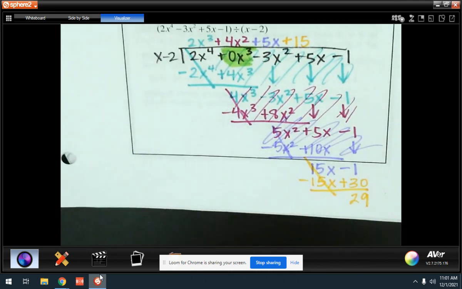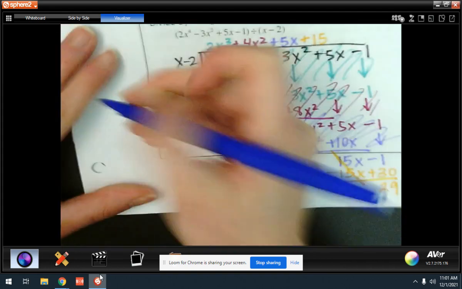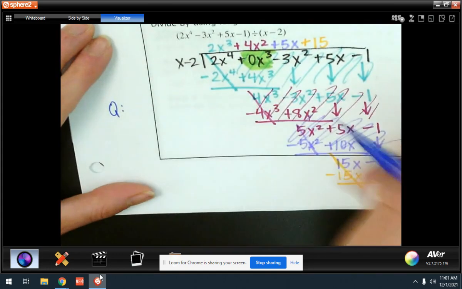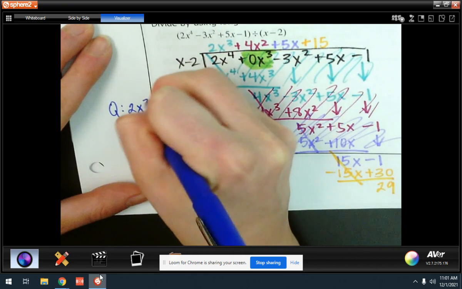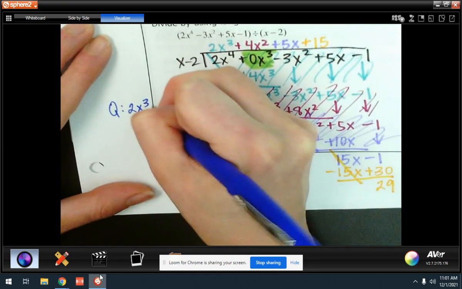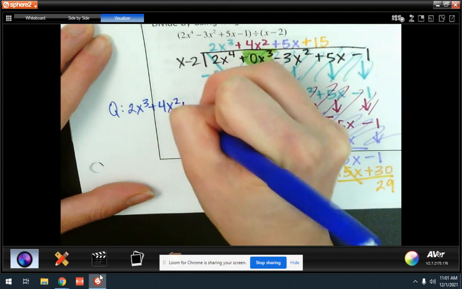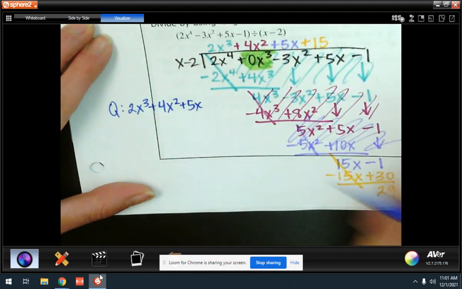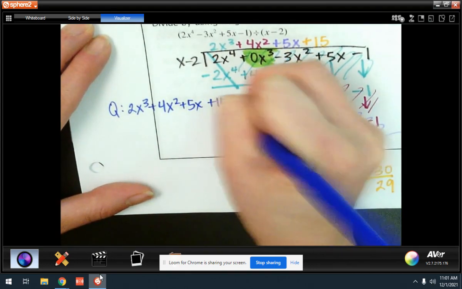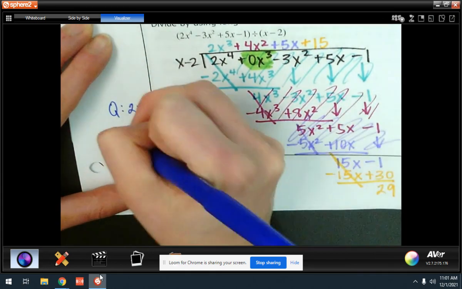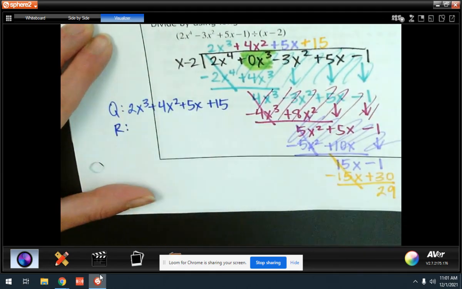Okay, and so that would be nice and easy to type in. And so our quotient here is 2x cubed plus 4x squared plus 5x plus 15. And then our remainder, 29.